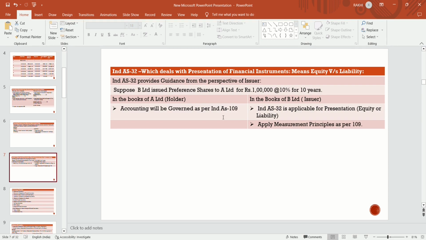Whatever the measurement principles mentioned in Ind AS 109, like at amortized cost or fair value through profit and loss account, it should be recognized in that way only.